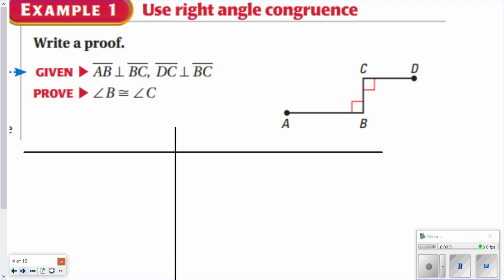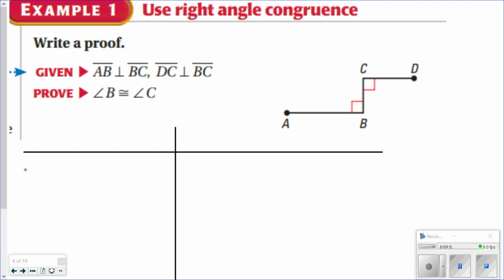We are given that segment AB is perpendicular to segment BC. We are also given that DC is perpendicular to segment BC. We want to prove that angle B is congruent to angle C. All right, so the first thing we want to write here is the given.